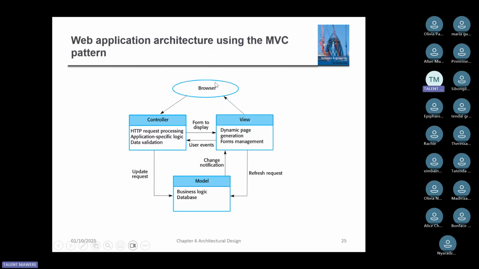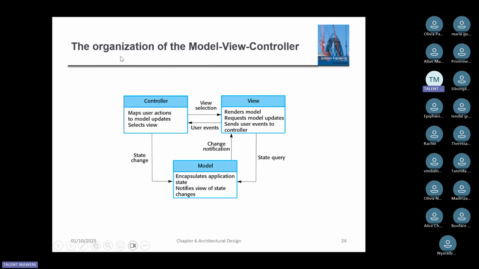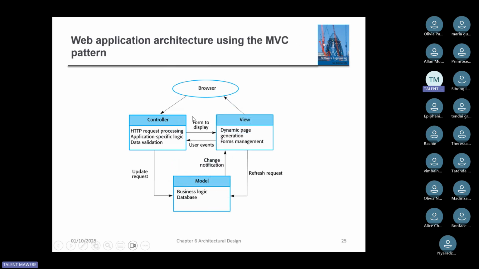This now is a real software, the web application now. So this is how the MVC works. And then here is how it actually works in a real system. So we have our browser here, and it's being represented by the three components, the controller, the view, and the model.